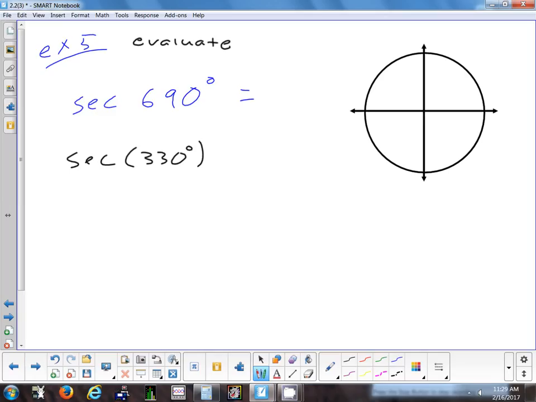So when I find the secant, am I dealing with an angle that's a multiple of 30 or 45? 30. So that already tells me I'm using the 1/2 and the root 3 over 2. The only thing I have to figure out is, are they both positive? Are they both negative? And then what's the order? Is it the 1/2 first, or is it the root 3 over 2 first?